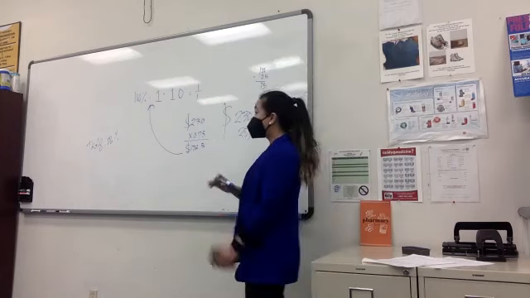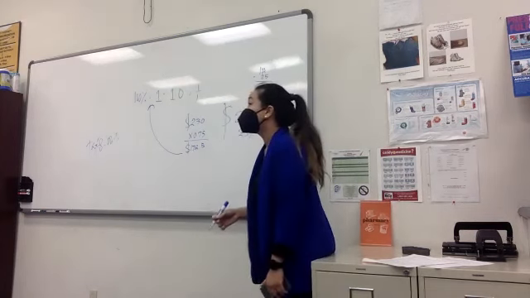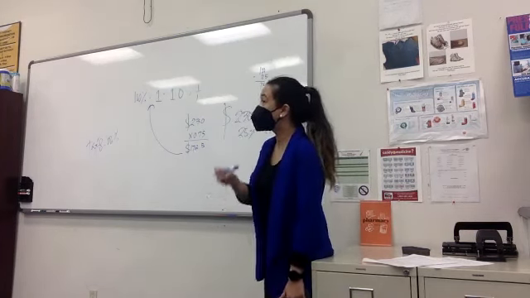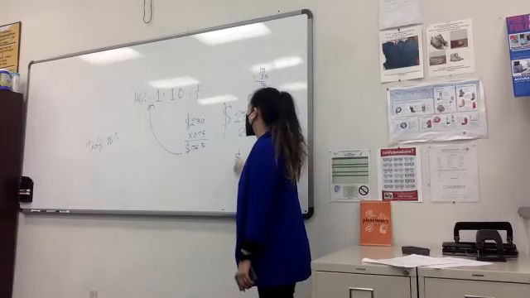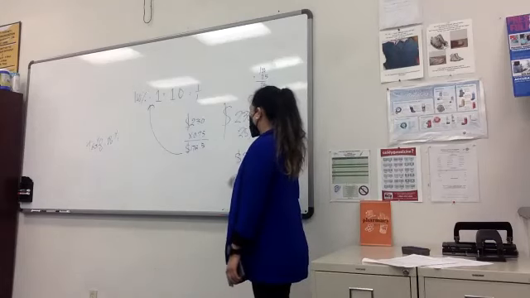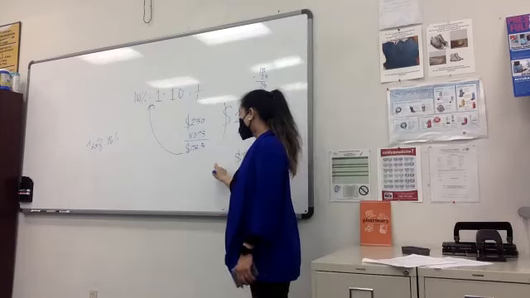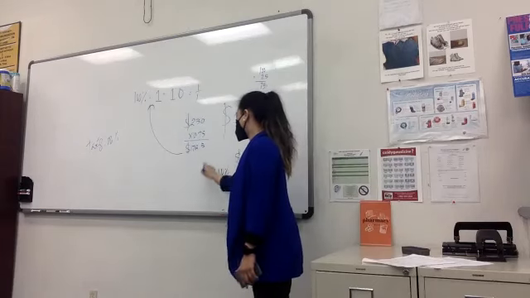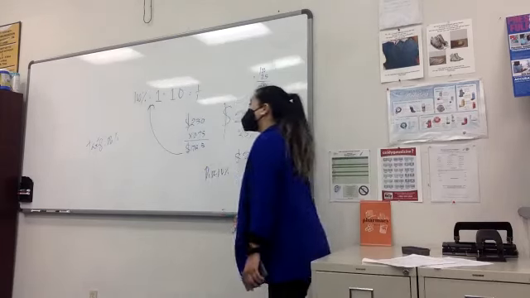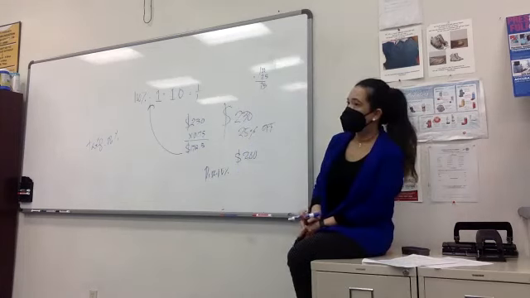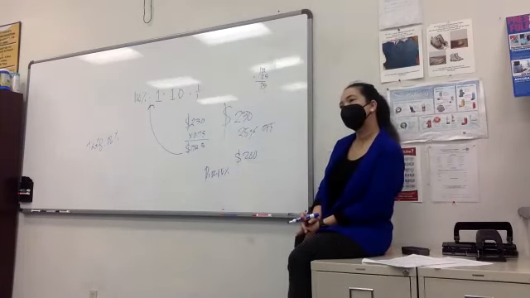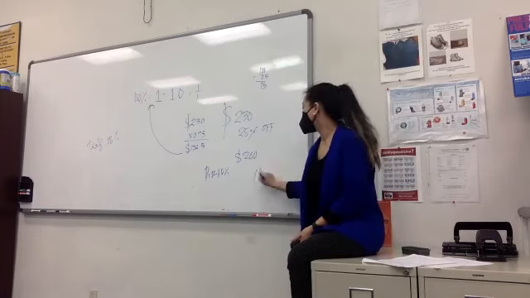Okay, let's do some practice. How much are you going to pay after the discount? So for example, $200, 10% discount. How much am I going to pay after the 10% discount? What is it? 180.